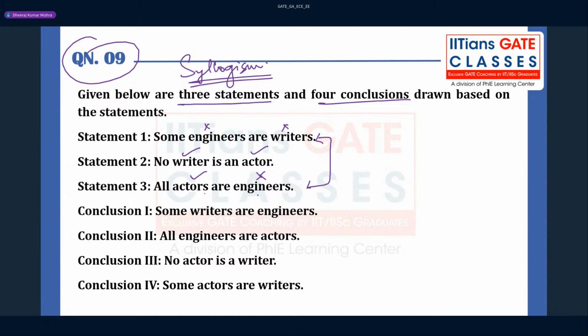So all actors are engineers, and here engineer, some, the middle term is going to be having both processes. So you guys can solve this kind of question by using the tick cross method that I have discussed in the class only.